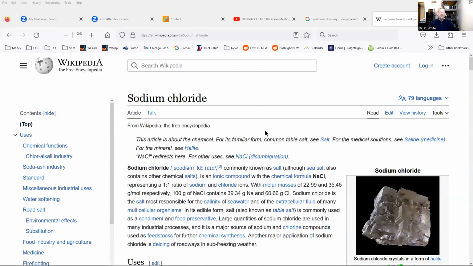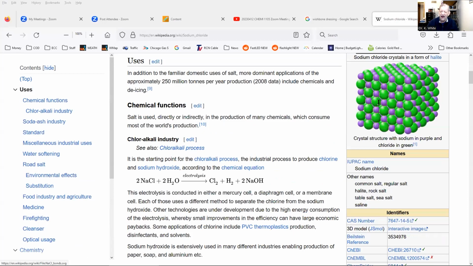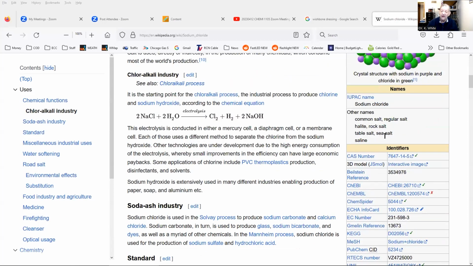If you look here, I have Wikipedia. I think I mentioned before, but I'll mention again. When it comes to chemistry stuff, I don't know about other things, but for chemistry, Wikipedia is spot on. For many years, I and other chemists who have the credentials, if we see something wrong, we ask for it to be changed, and they do. If you look on the right hand, scroll down, we're talking about sodium chloride, table salt, the regular salt.